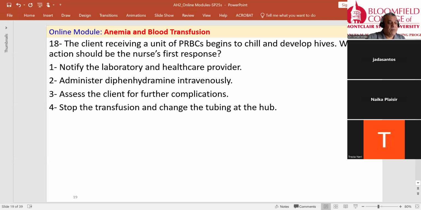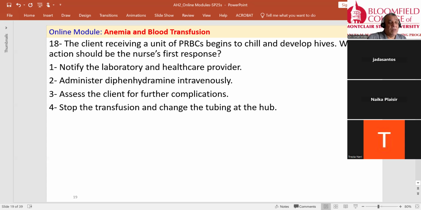So the priority in this situation is to stop the infusion, so we can prevent further reaction if that is possible. So stopping the transfusion and changing the fluid out at the hub will prevent more blood from entering the bloodstream, and we can prevent any further reactions.